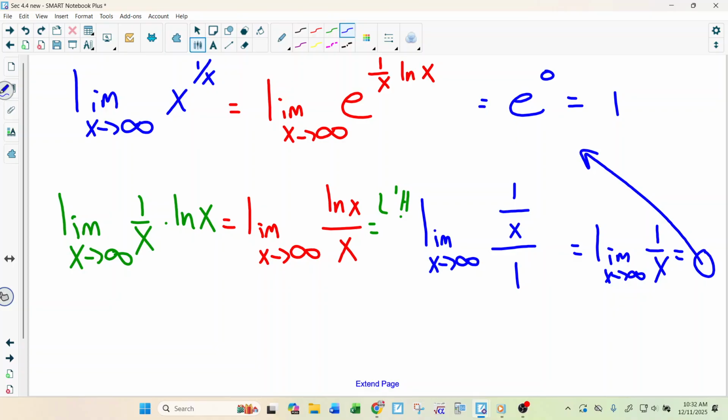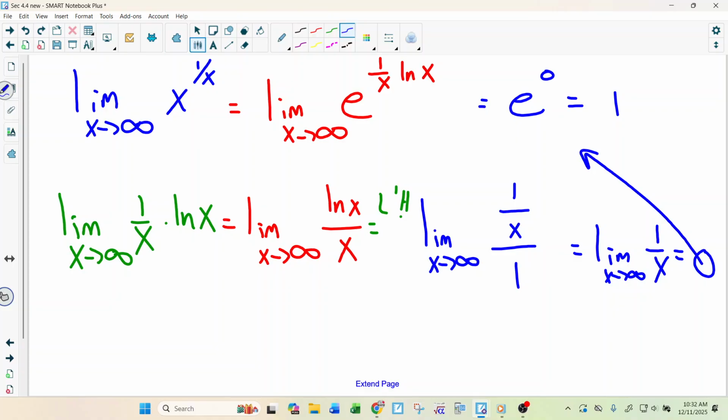Now, if you look at 2, if you want to write this down, it is infinity times 0. The sine is pi over infinity, which is 0. So it's sine of 0, which is 0. So this is 0 times infinity. So you're going to have to rewrite it to get 0 over 0 or infinity over infinity, right?